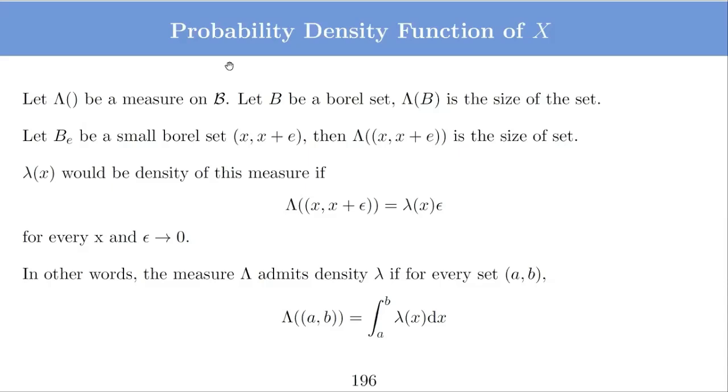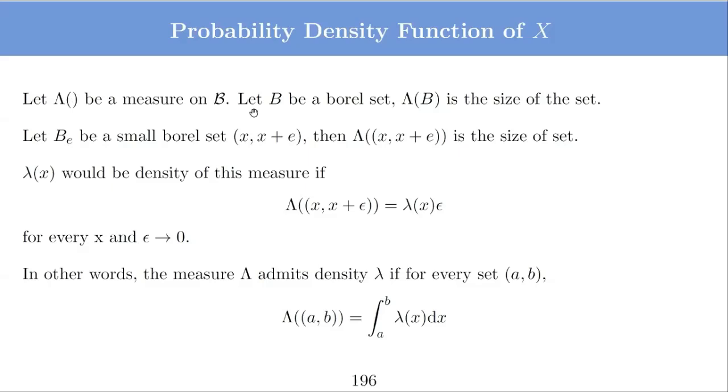And why generally do we require density? See, capital lambda measure is a little bit complicated object, because to uniquely define it, you need to define it for every possible set. If you want to define a measure on the real line, you have to define it for every possible set in the Borel algebra, which are many. While a density is a function, you only have to define it for every value of x. So you can write a nice function.